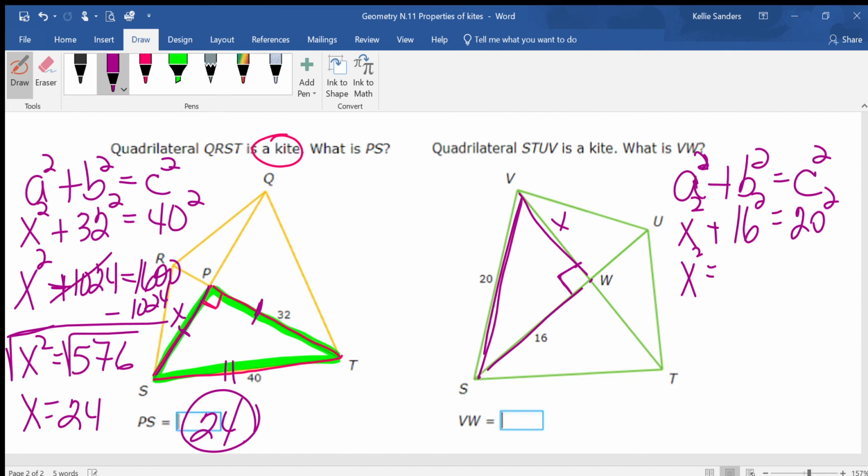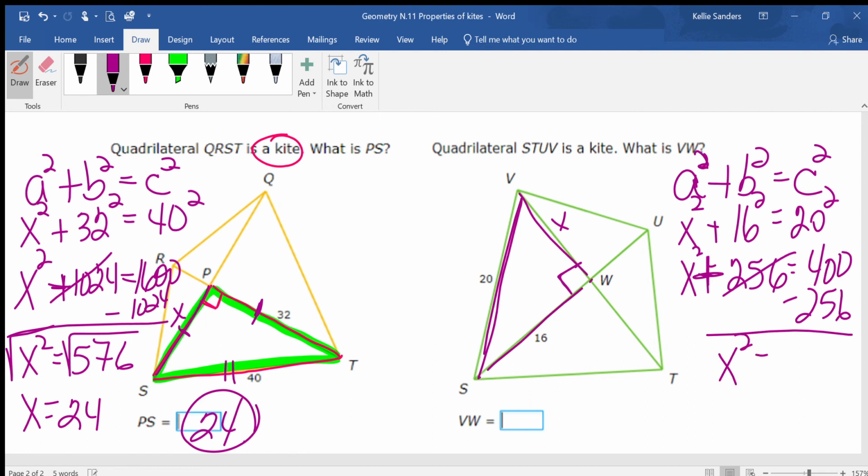X squared, I think that's 196 or 256. Look at me, I'm not so good anymore now. 256, and that's 400. Subtract. X squared equals 144. We take the square root, and you get 12.